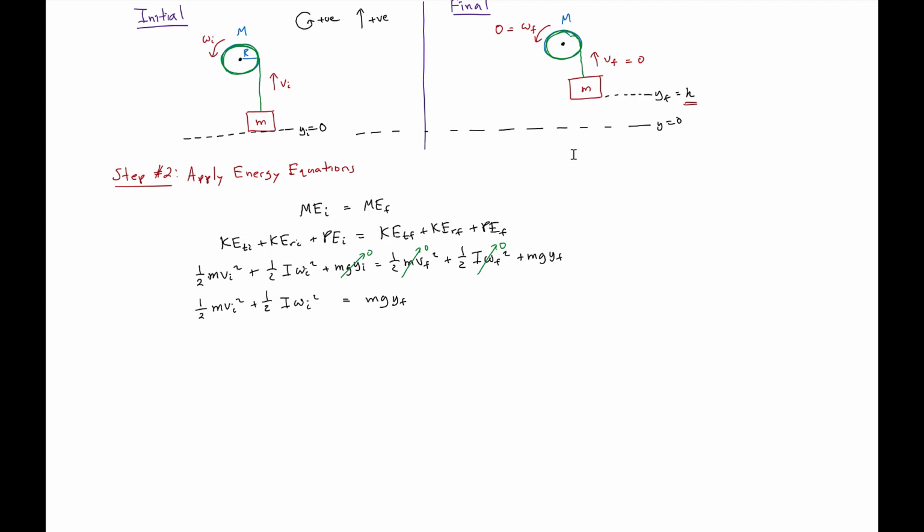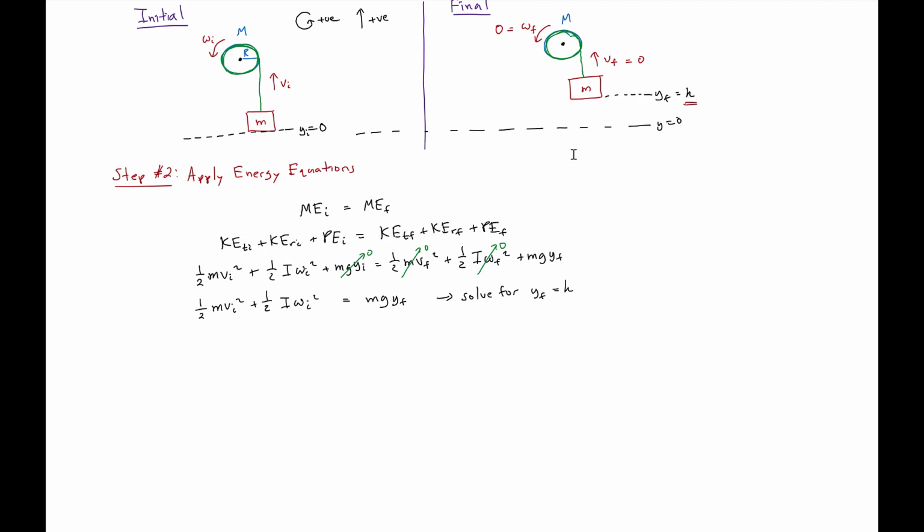At this point, we should try to rewrite certain values with values that we know. So we know that we want to solve for yf, which is equal to h. So we're going to substitute that in.